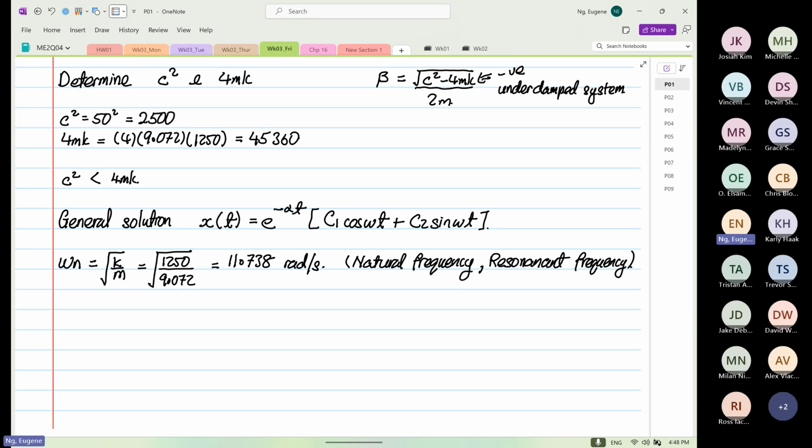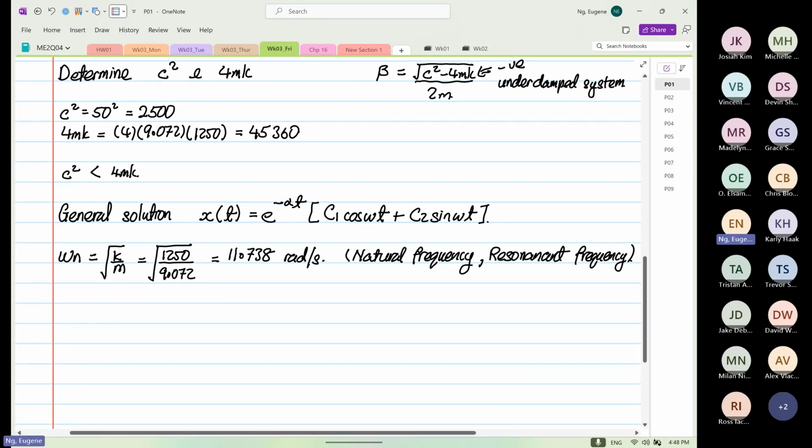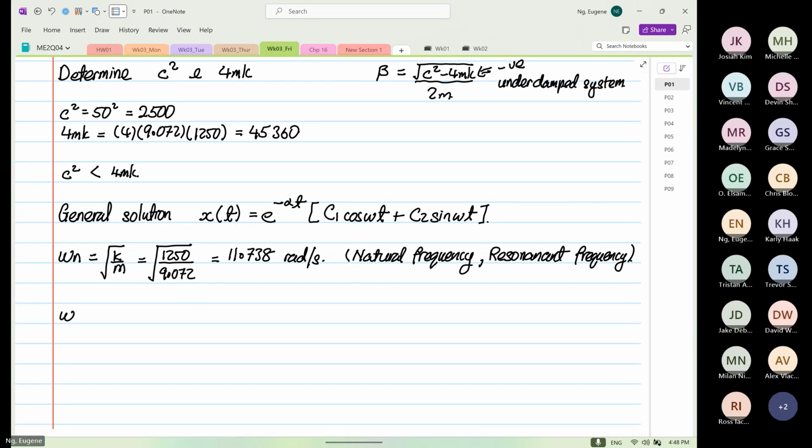The next thing that we know is that we are going to find omega. So omega is just equal to the square root of 4mk minus c squared, divided by 2m. Let me do a small square root first. So where did this come from?